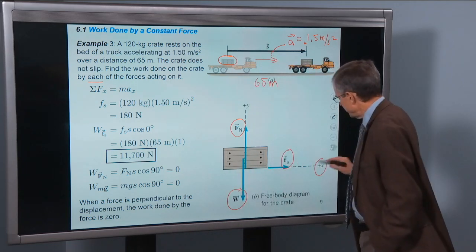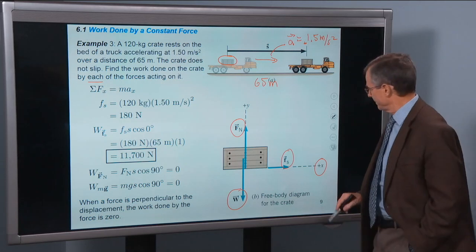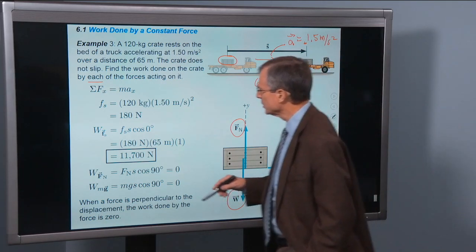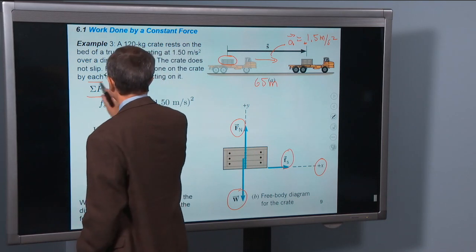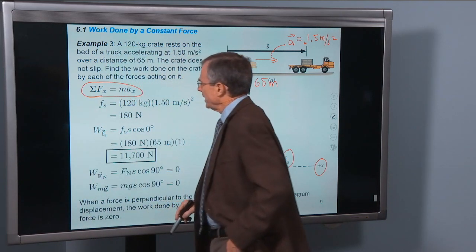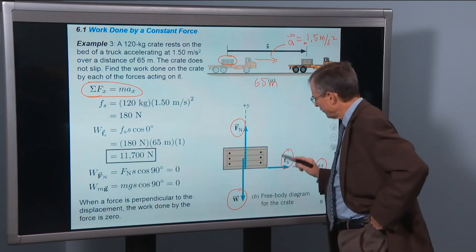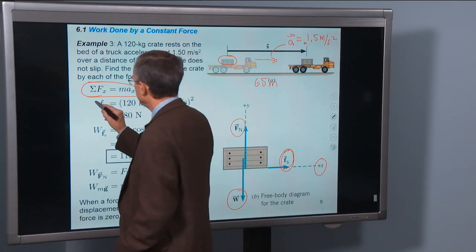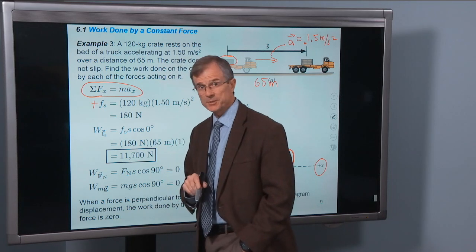If we say this is the x direction, the plus x direction, and we look at the forces in the x direction, then there's only one force in the x direction. It's that static friction force, and it's pointing in the plus x direction.